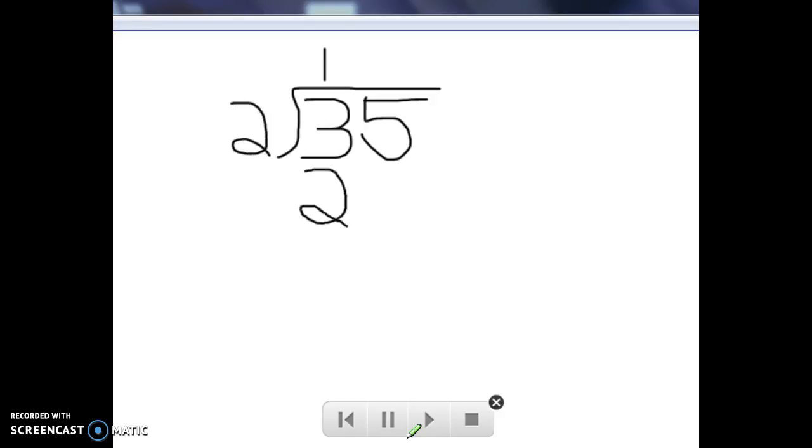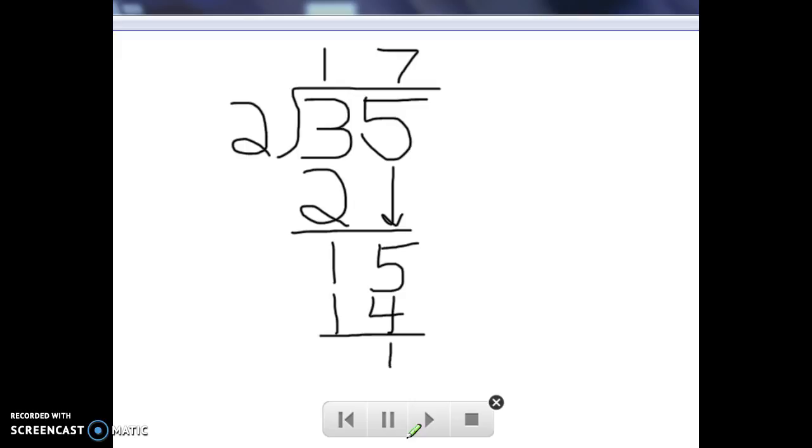So 1 times 2 is 2. Then you're going to do your subtraction. 3 minus 2 is 1. Bring down your 5. Gives you 15. Now your next thought is, how many times does 2 go into 15? 7 times. 7 times 2 is 14. Subtract, you have 1 left, and that becomes your remainder. You bring that up to the top. Put an R for remainder.